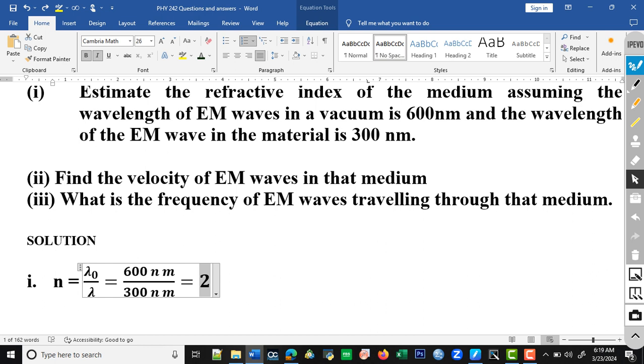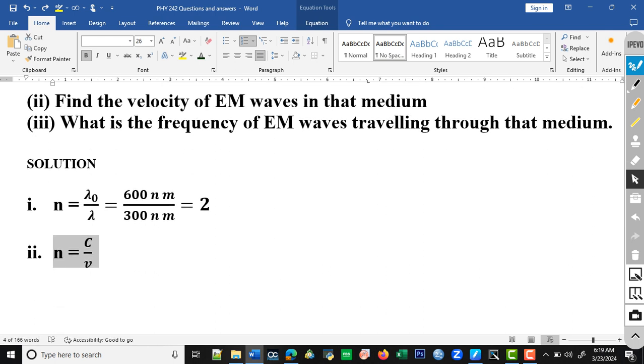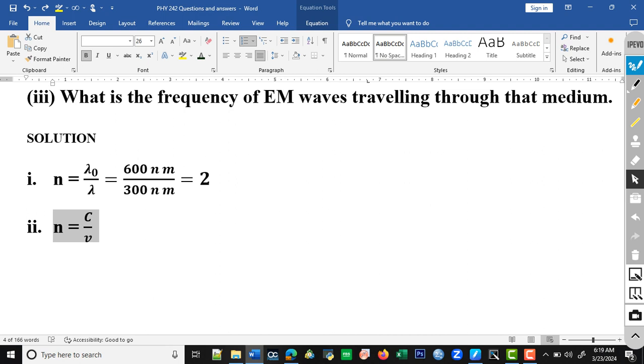Then the second option says find the velocity of the electromagnetic wave in that medium. But we have the refractive index, so we have to sit down and contemplate on the best expression to use. Looking at this, we have n equals c over v. The c here represents the speed of light in a vacuum, and v is the speed of light in the material.